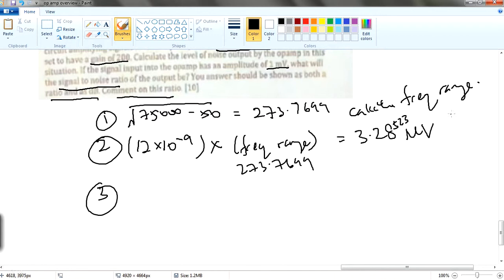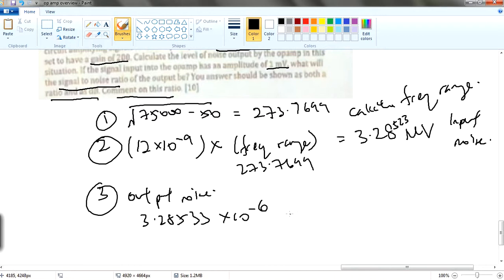After that, the next thing I need to do is actually to calculate the output. So this is the input noise, and now I have to calculate the output noise. I'll be taking 3.28533 times 10 to the power negative 6 multiplied by the gain of 200. If they give you decibels, whatever, I already calculated in the last video how to change decibel to gain.